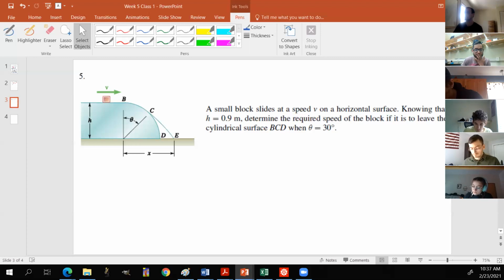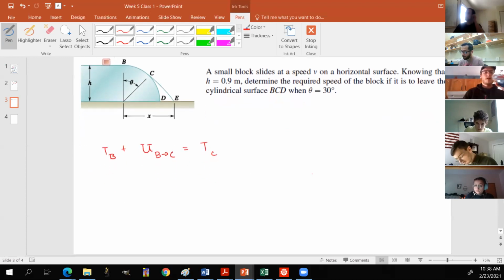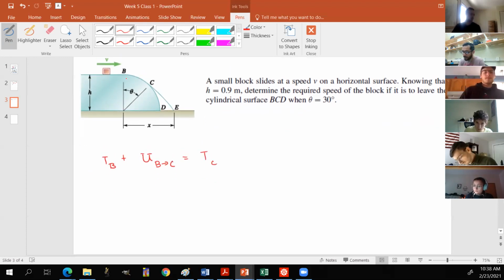Okay, so to do this problem, when we're moving from position B to position C, you can say that the kinetic energy at position B plus the work done moving from B to C is equal to the kinetic energy at position C. So if we write these things out, what's the kinetic energy at position B?